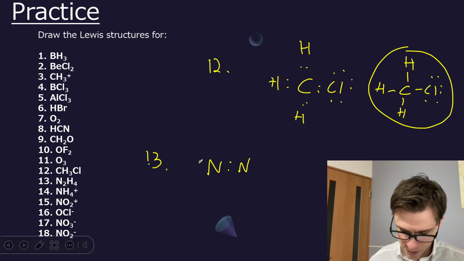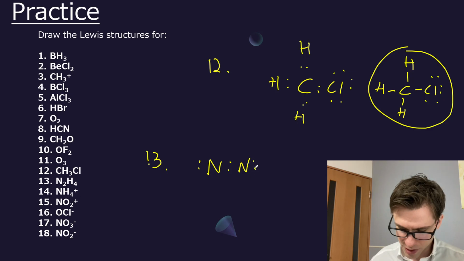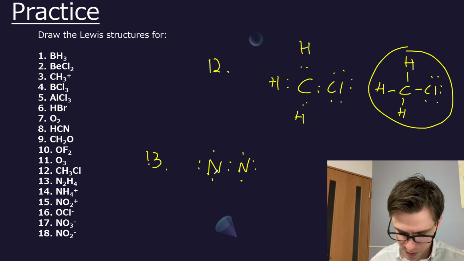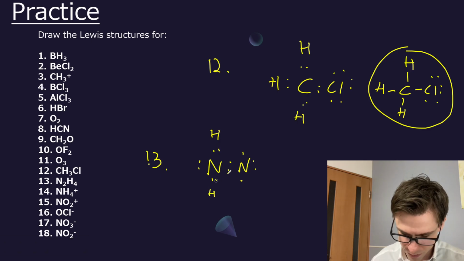Now, both of these nitrogens will have lone pairs as well. They'll have next to unpaired electrons. They each had to start with 5 valence electrons. Now they're sharing one of those in the middle to make a single bond, and then the rest will just be filled up with hydrogens that come in, those 4 hydrogens.